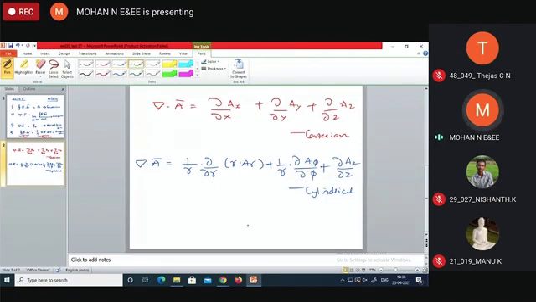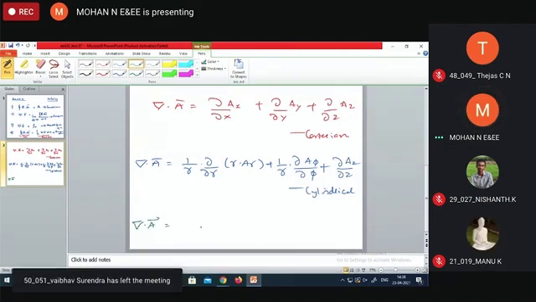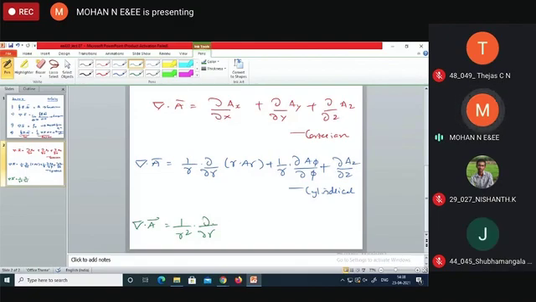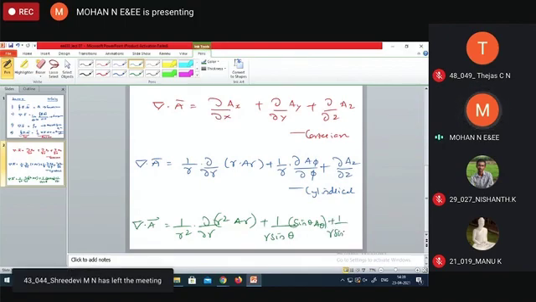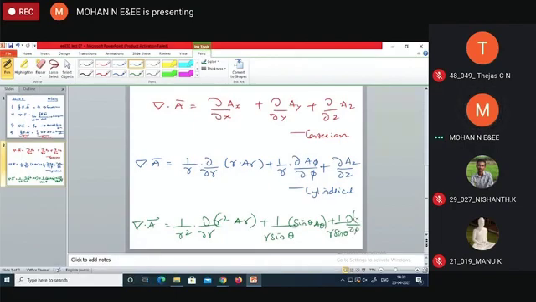If I want it in the spherical coordinate system, it is 1 by r squared dou by dou r of r squared into A r, plus 1 by r sine theta dou by dou theta of sine theta into the component of A in the theta direction, plus 1 by r sine theta dou by dou phi of A phi.